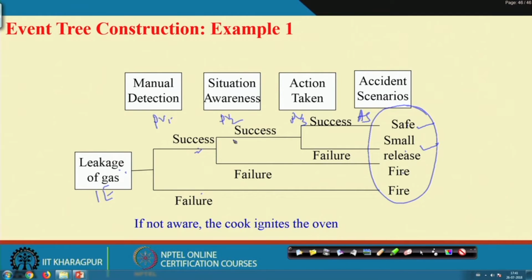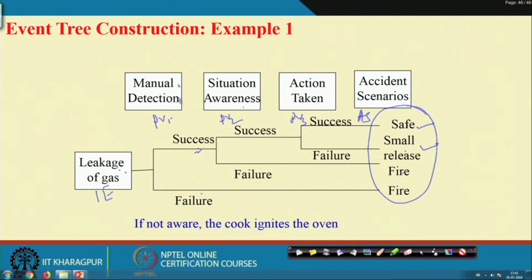If that is dependent only on manual detection, then that is conditional. Otherwise, we know that if there is gas leakage, obviously it leads to fire, and that awareness is there, we have to take action.